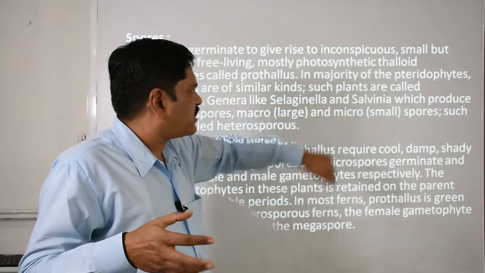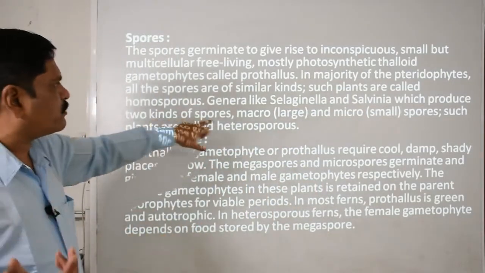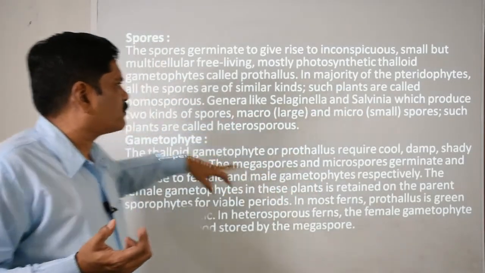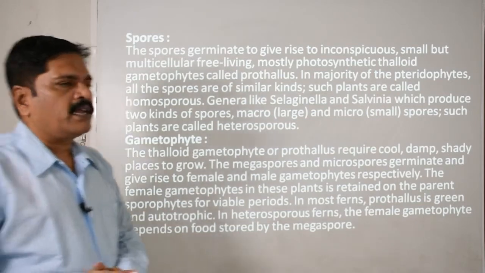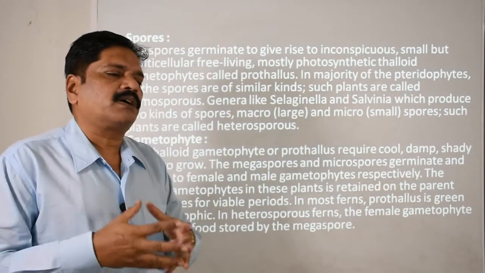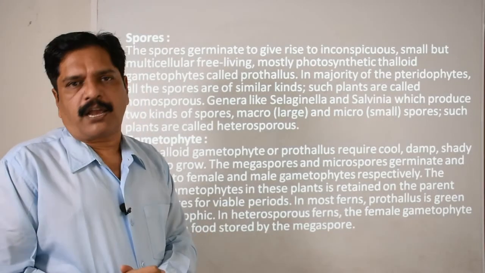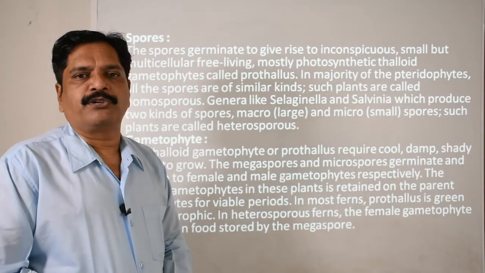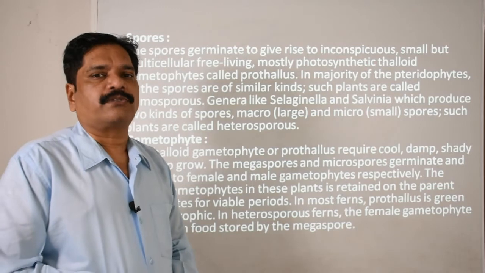Genera like Selaginella and Salvinia produce two kinds of spores, the macro and microspores, and are called heterosporous. That means two types of spores are produced.